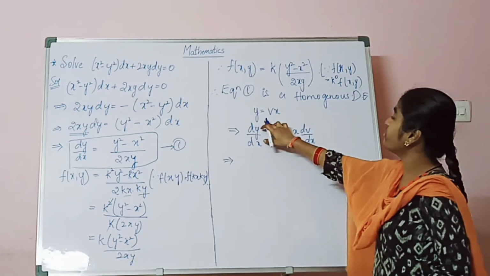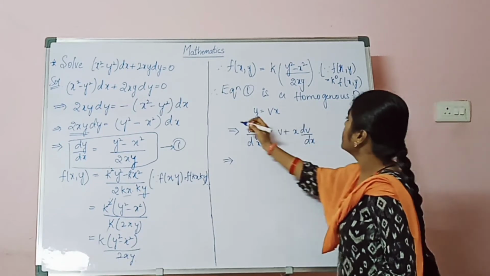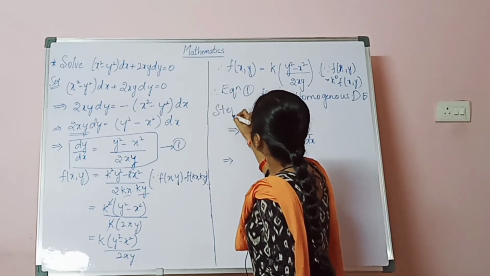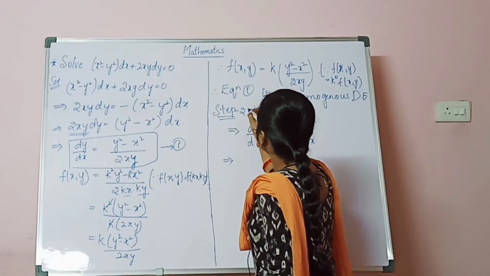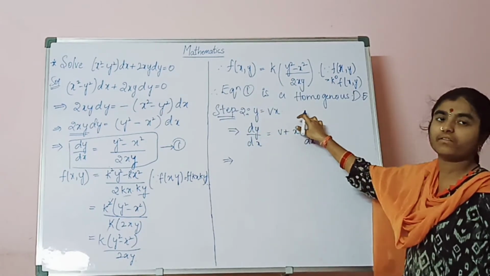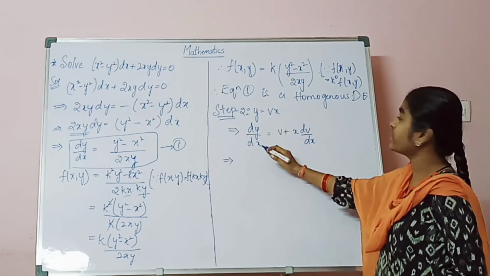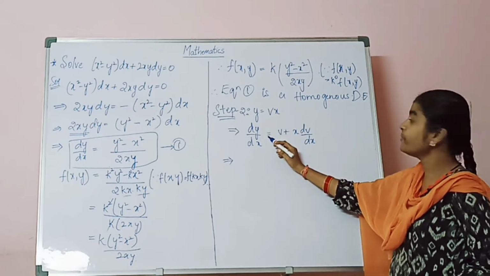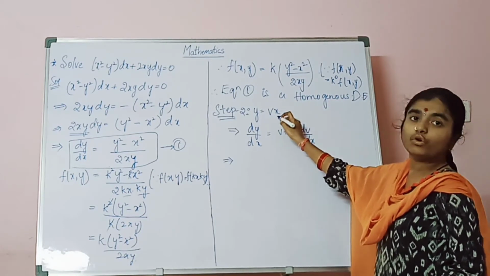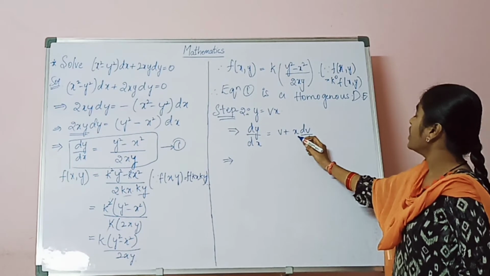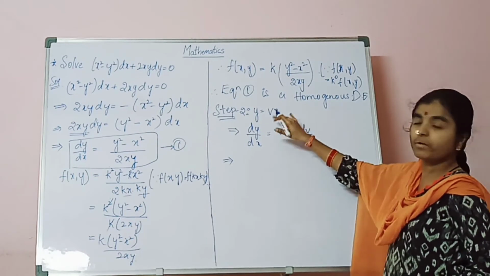According to step 2, what we are substituting? y equals vx, and we are differentiating with respect to x. So dy by dx, applying the uv method, equals v plus x into dv by dx.